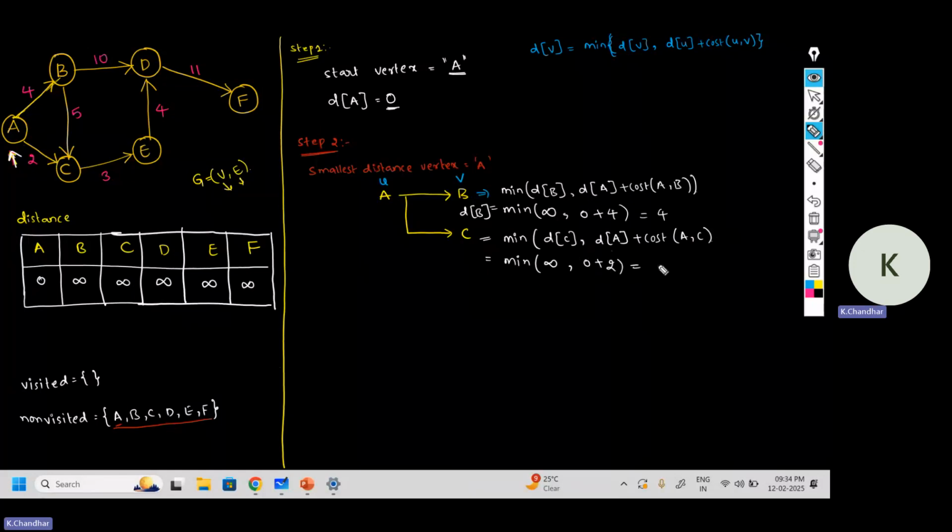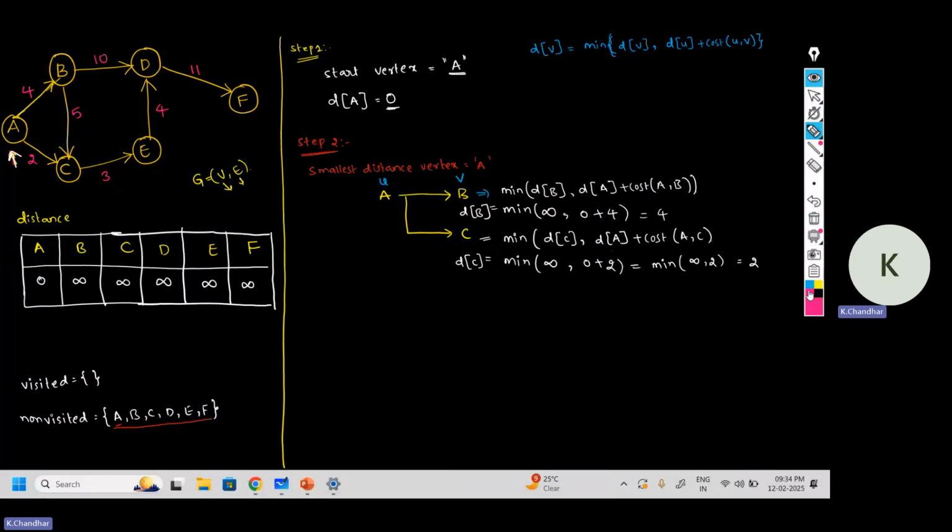So how am I going to write this one? Minimum of infinite comma 2. What is the minimum from infinite comma 2? So for which place do I need to write? Updated distance at C. So I am going to overwrite this value with this one.